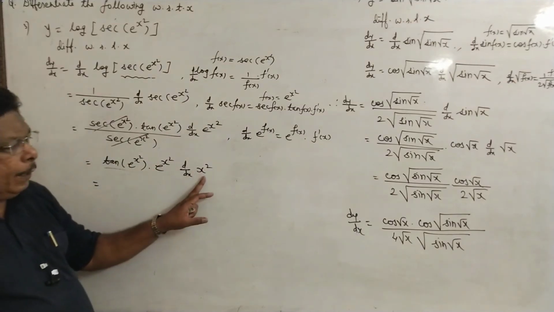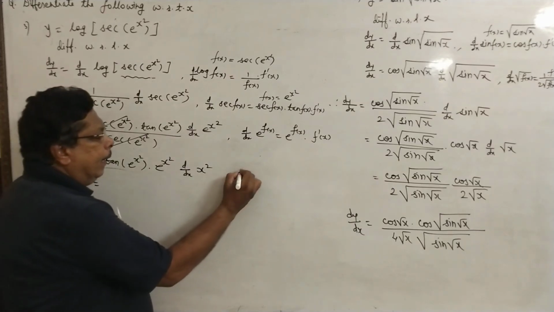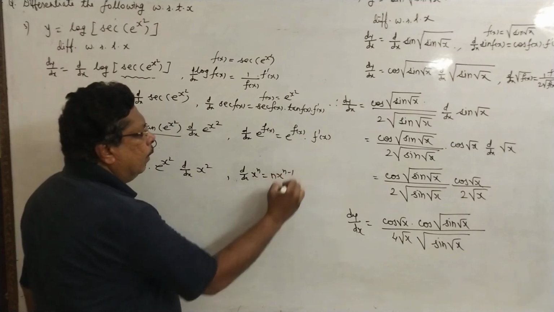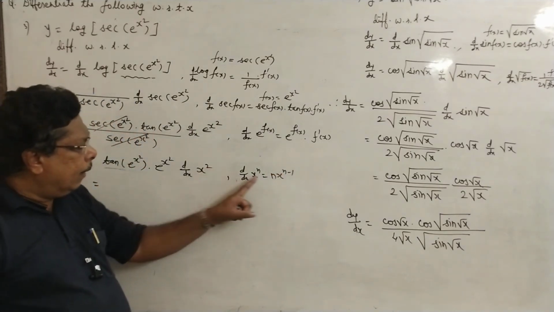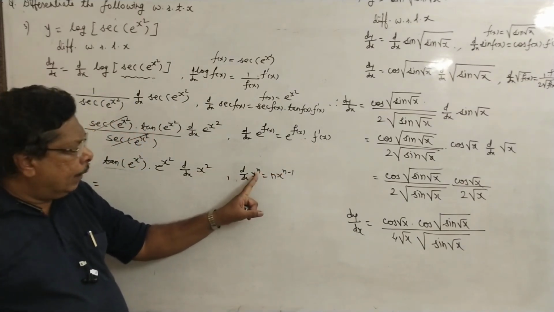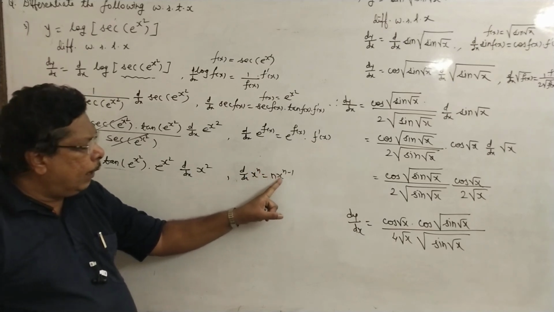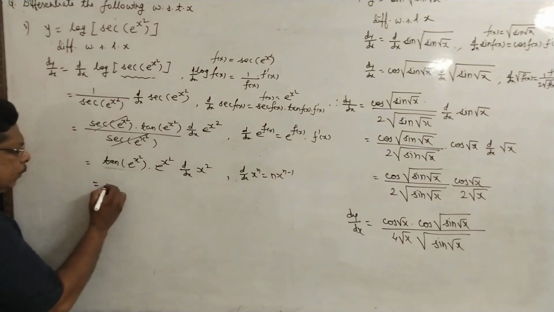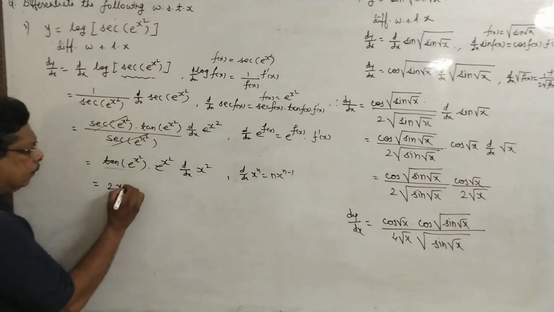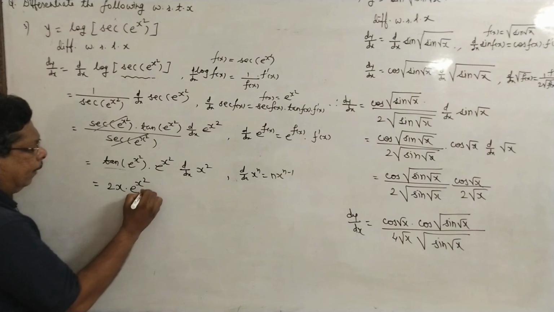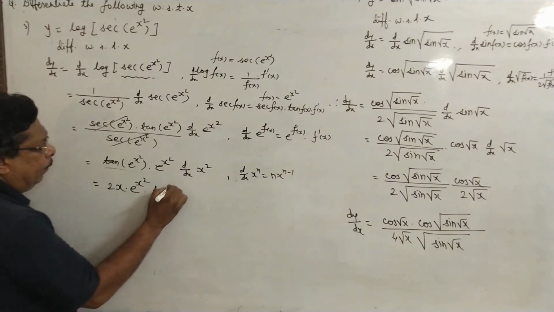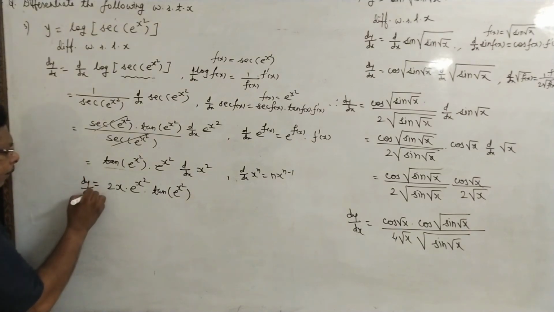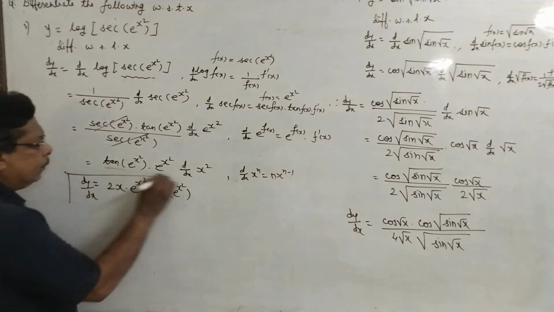Now take the derivative of x square. The derivative of x raised to n is n x raised to n minus 1. Here n is equal to 2. The derivative of x raised to 2 is 2x raised to 2 minus 1, that is 2x. Take this 2x outside. So 2x into e raised to x square into tan of e raised to x square is the required dy/dx.